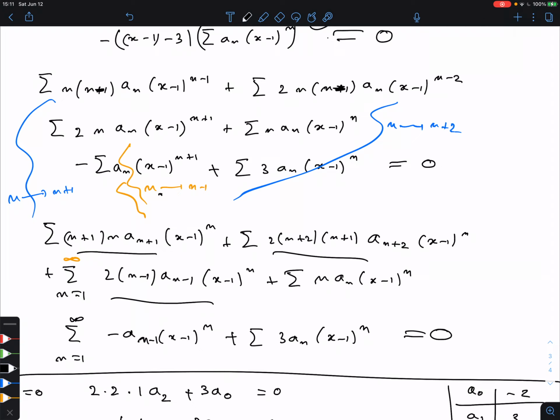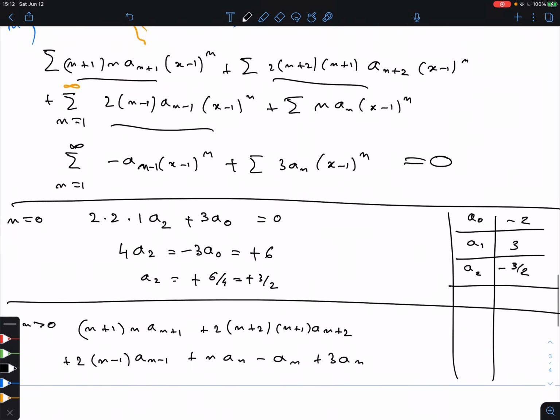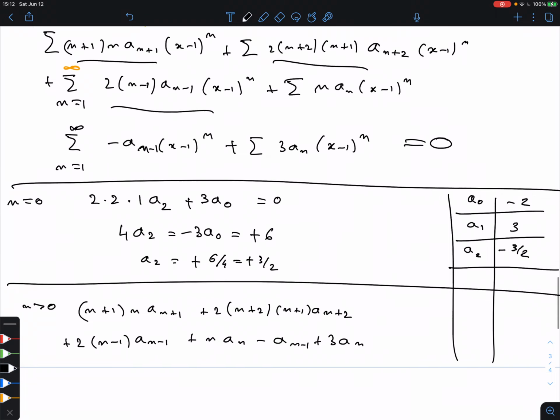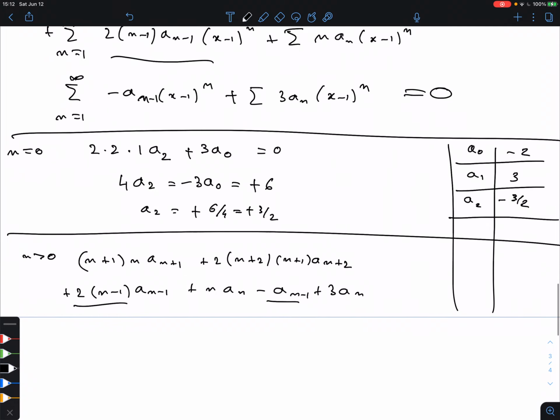I'm sorry. This is a_(n minus 1), so this is the, which one? This one here. Yeah, that's that one. Okay, so we can combine these two here. Yeah. Okay, let me write it over. I hate to copy things because that's when things go wrong, but okay, let me do it.